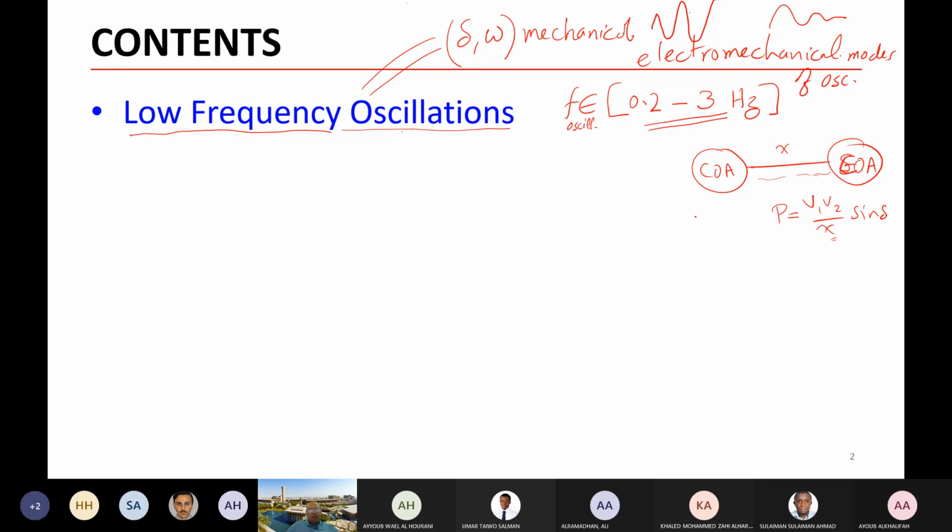It is not easy to have an interconnected system and switch them on and off. You may, with this separation, create instability in this area and also instability in that area. For example, if you have a huge power transferred here, P12, and you disconnect, then generation here is higher than the demand.